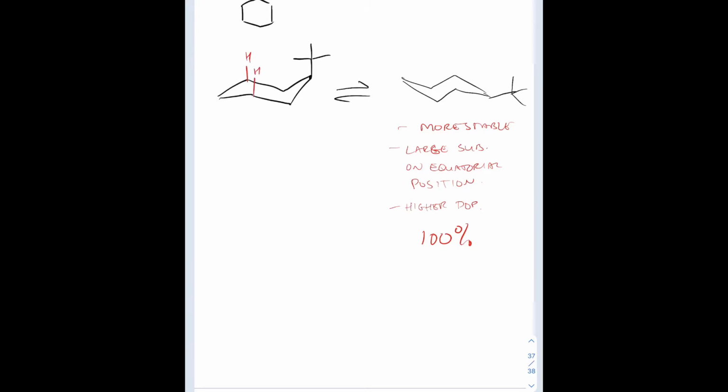That's because this 1,3-diaxial strain is so high in energy that we just don't form any of it. It will not allow a chair flip to occur, and that's why we have 100% of the chair conformation on the right. Another way to say that is the axial tert-butyl is just too sterically hindered.